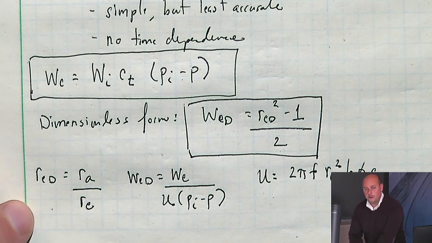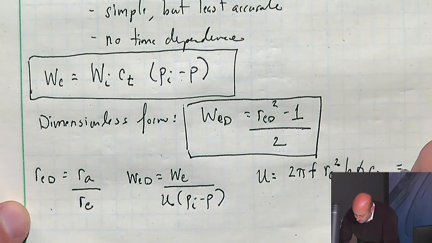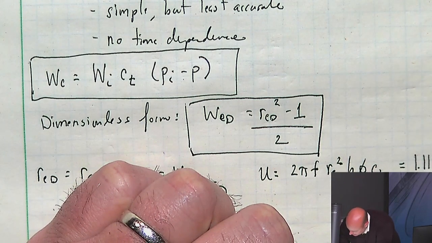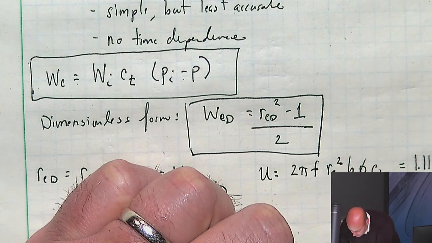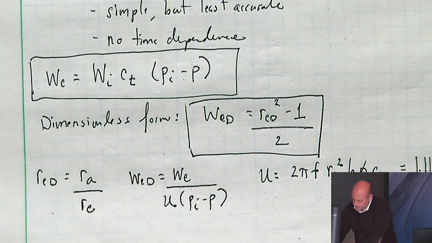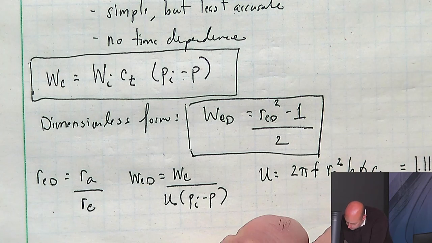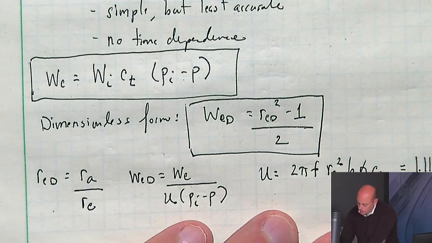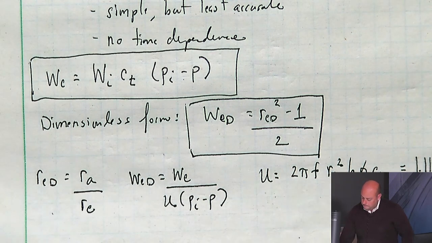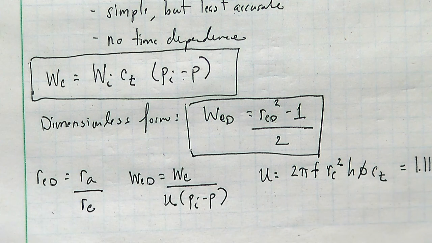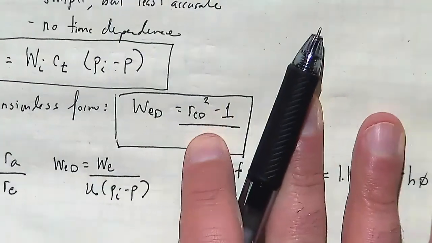And if we want that in barrels per PSI, we can use a conversion factor, which is 1.19 F RE squared H phi CT. This would give us barrels per PSI, where I use feet for the radius and the thickness.